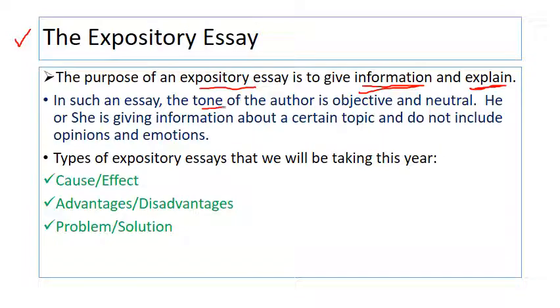Here, the tone of the author, or the type of words that the author uses, are generally objective and neutral. What do we mean by neutral and objective? Just like in biology, neutral means neither acidic nor basic. You're just giving, you're not taking sides. You are not expressing opinions or feelings.